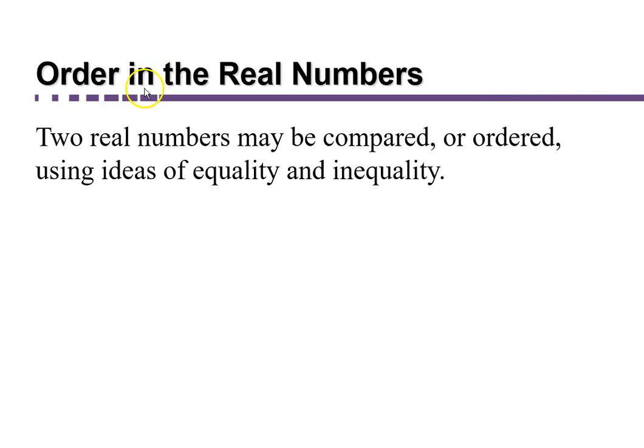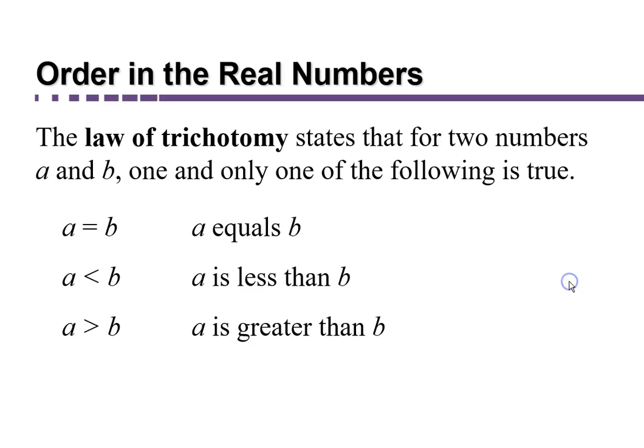All right, order in the real numbers. We can compare real numbers in their ordered form by using ideas of equality and inequality. So this is something you want to include in your notes. This is the law of trichotomy, which states that for any two numbers, A and B, one and only one of the following is true.